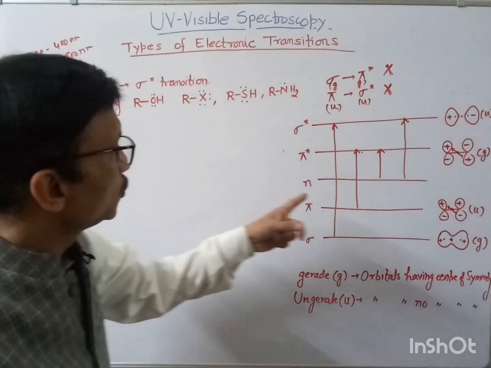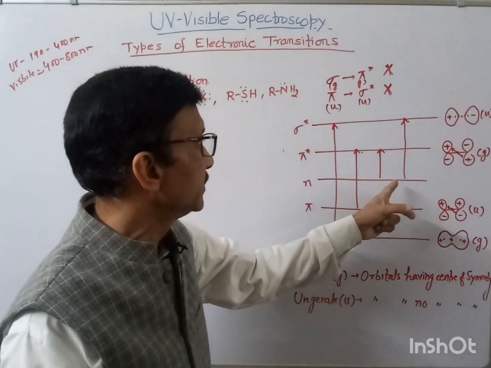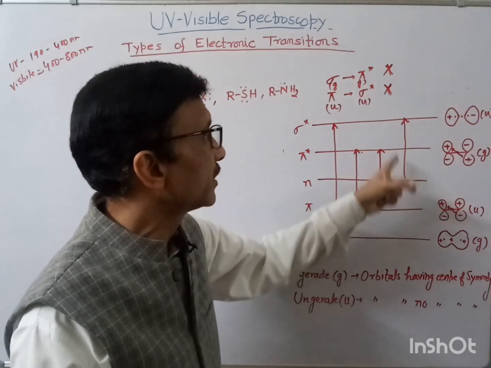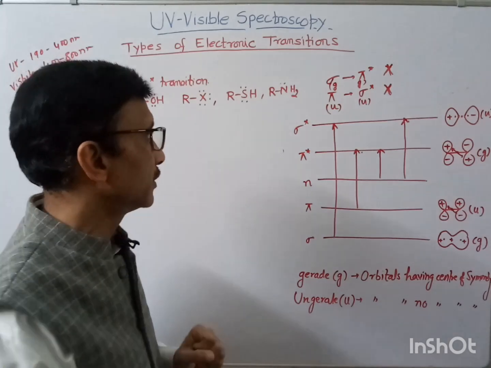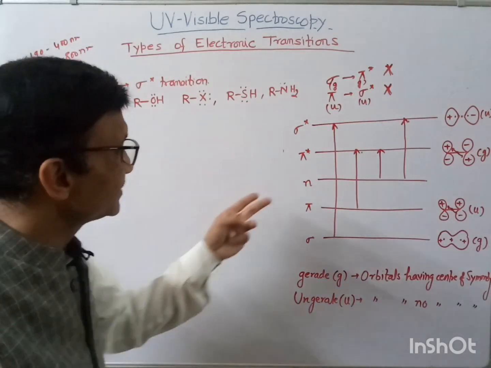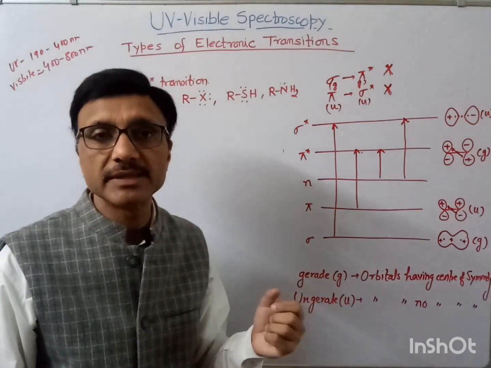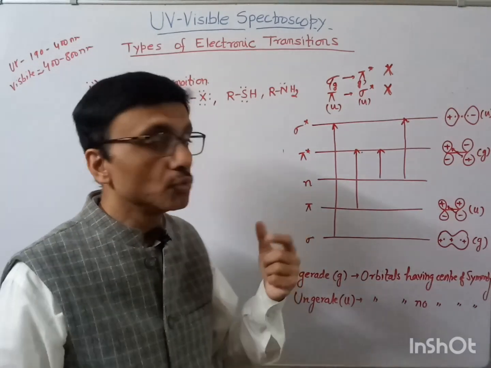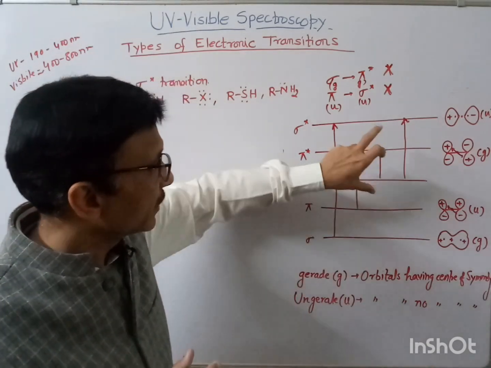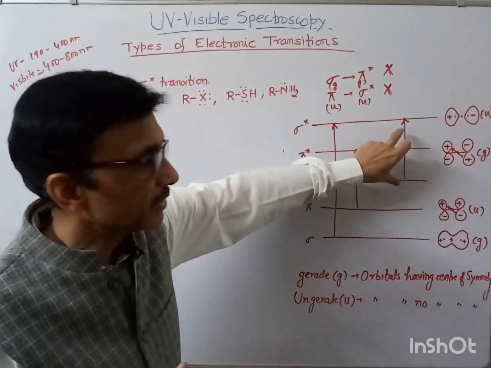So n to sigma star requires less energy in comparison to sigma to sigma star. The n electrons, that is lone pairs or non-bonding electrons, are loosely held electrons, which is why it requires less energy.